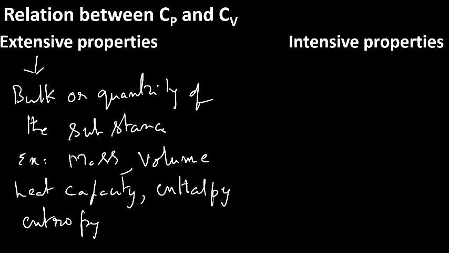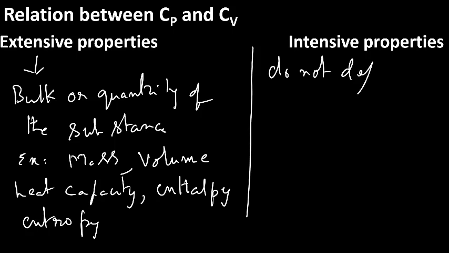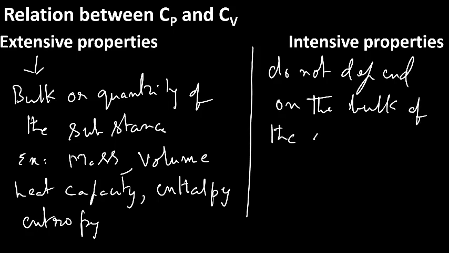Now, let us see the intensive properties. Intensive properties are just opposite to this. Extensive properties depend on the bulk of the substance, whereas intensive properties do not depend on the bulk or quantity of the substance.